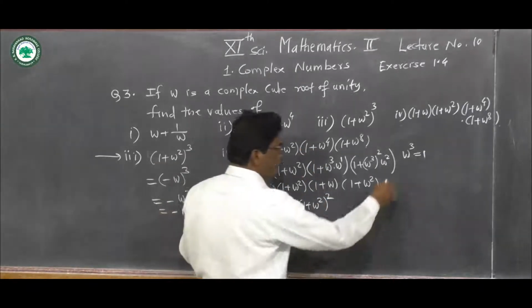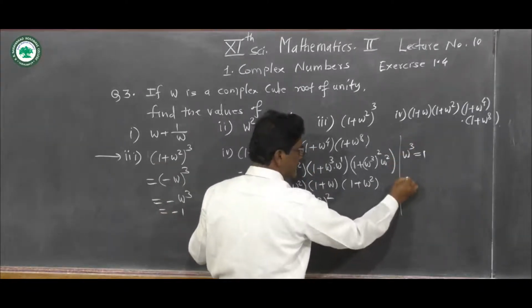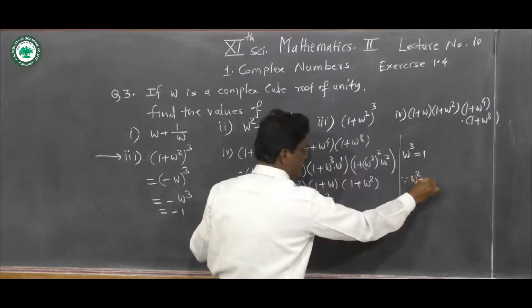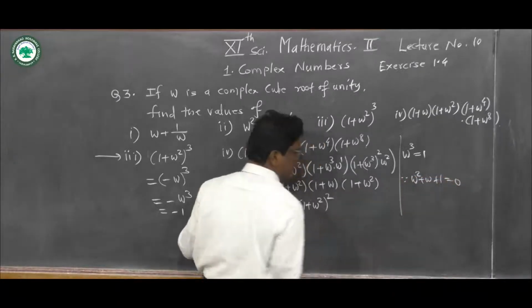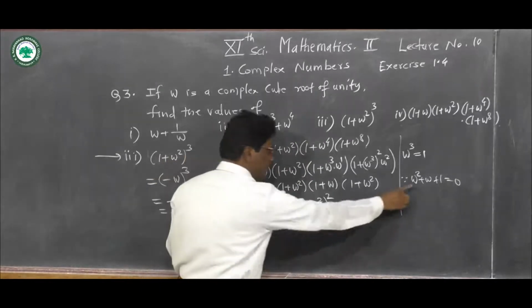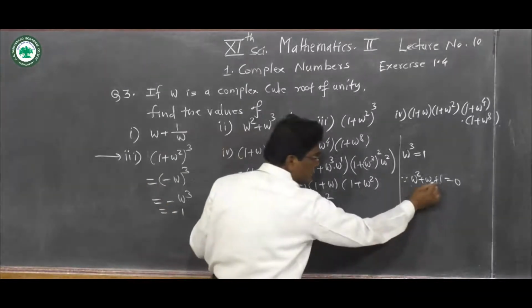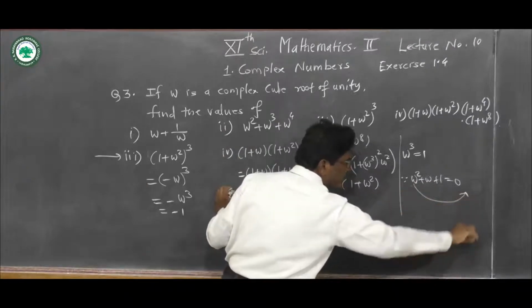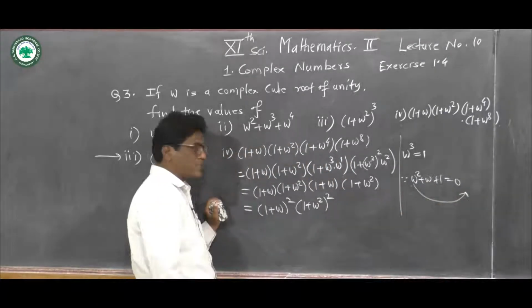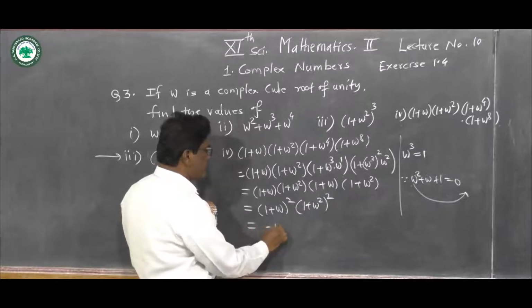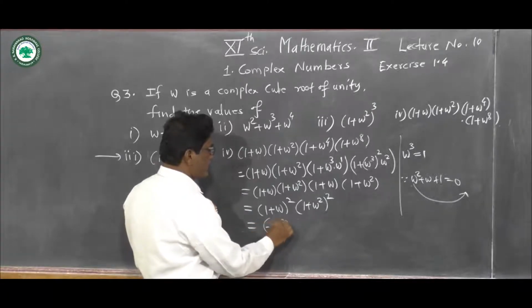Again we use here the formula. Since here omega square plus omega plus 1 is equal to 0, we know this, and from this relation we find the value of 1 plus omega. 1 plus omega, carry this omega square on the right hand side, it is minus, so we write here minus omega square.